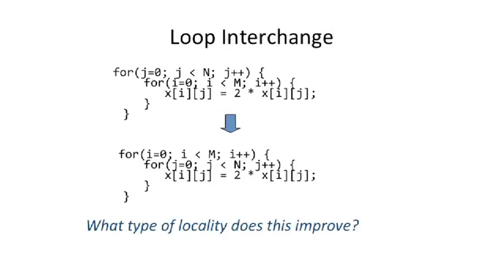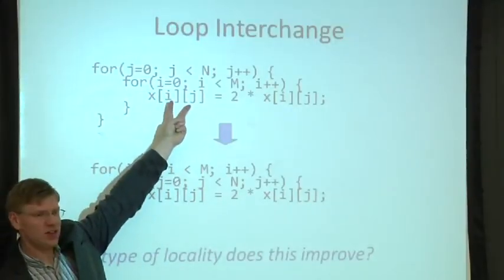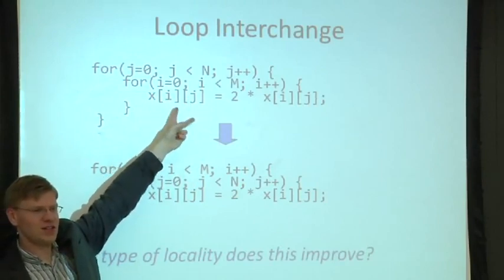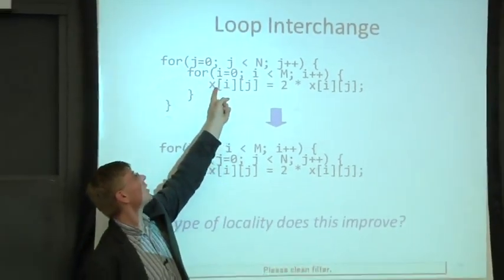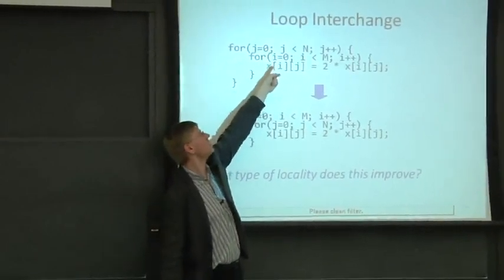So one of the questions that comes along here is, in C, the default layout of x, a doubly indexed array, and we're walking with the higher index as the inner loop here.